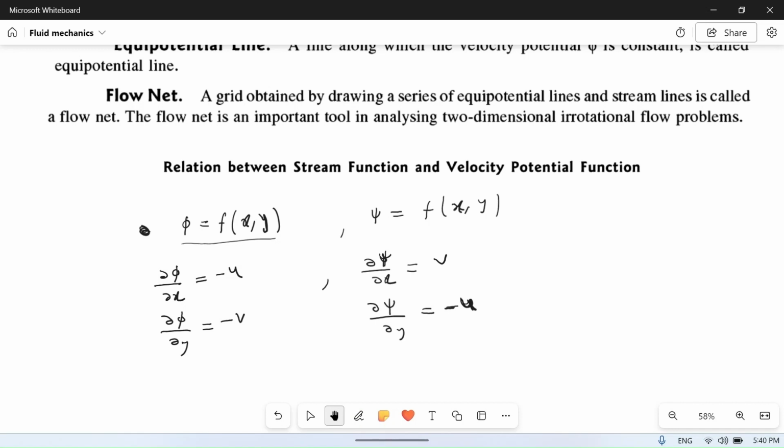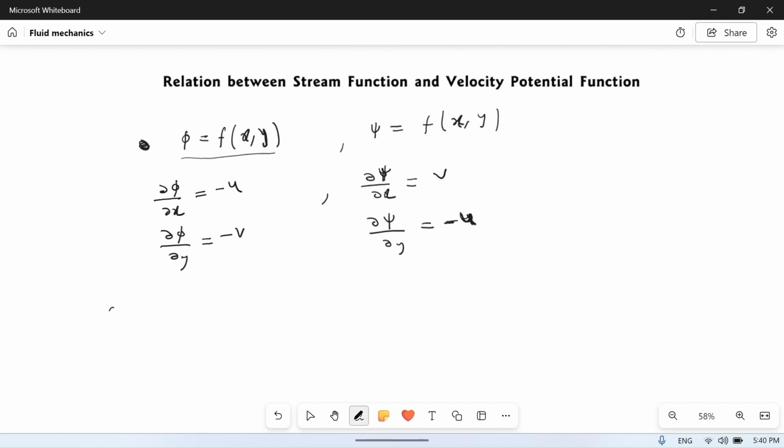Now we know that the potential function phi is a function of x and y, so from the chain rule we can write d phi is equal to del phi upon del x into dx plus del phi upon del y into dy.